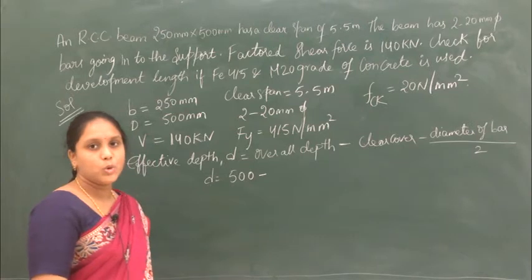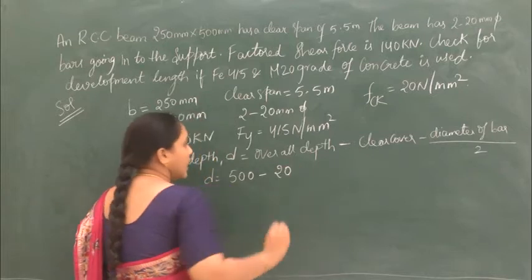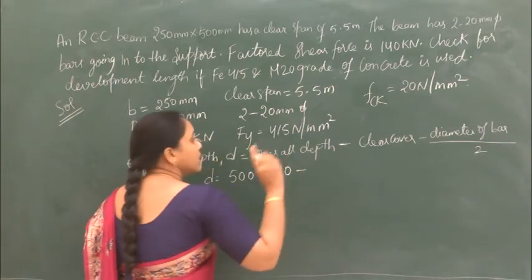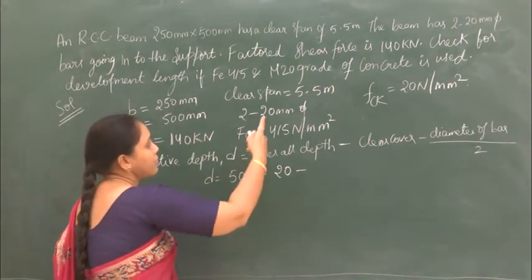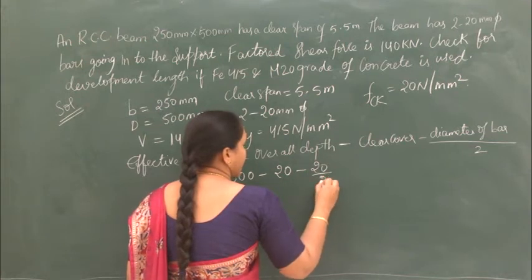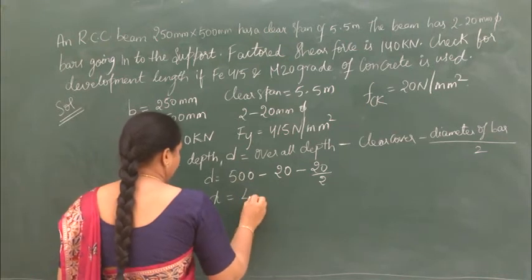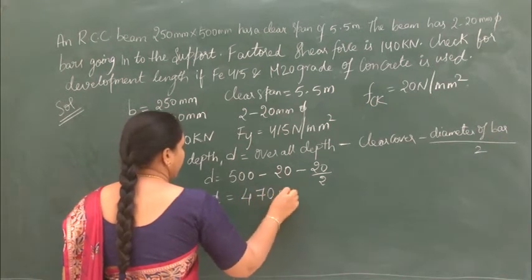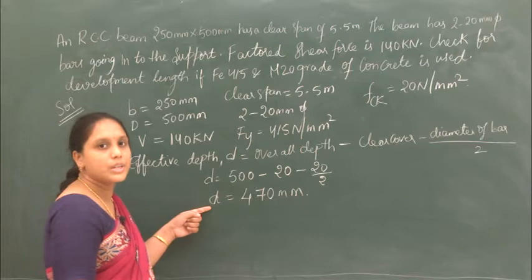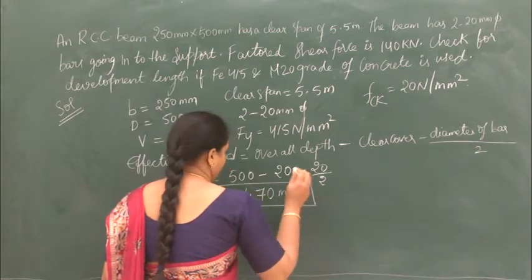Here I am assuming a suitable clear cover of 20 mm, minus the diameter of the bar, which is 20 mm, so 20 divided by 2. If you solve this, you will get a value of 470 mm. So the effective depth d we are going to consider is 470 mm.